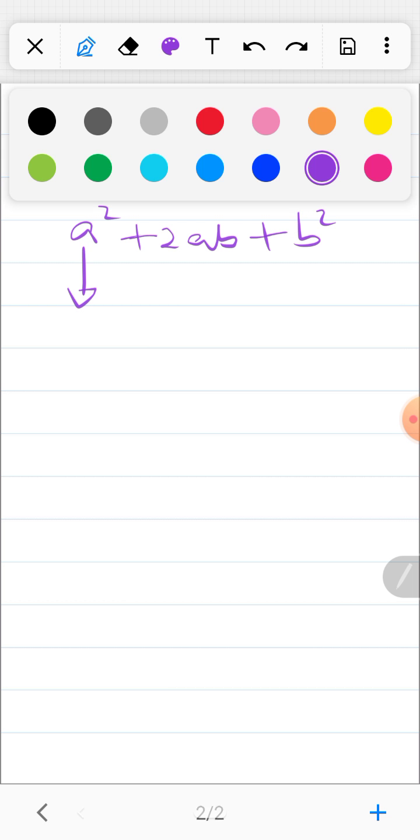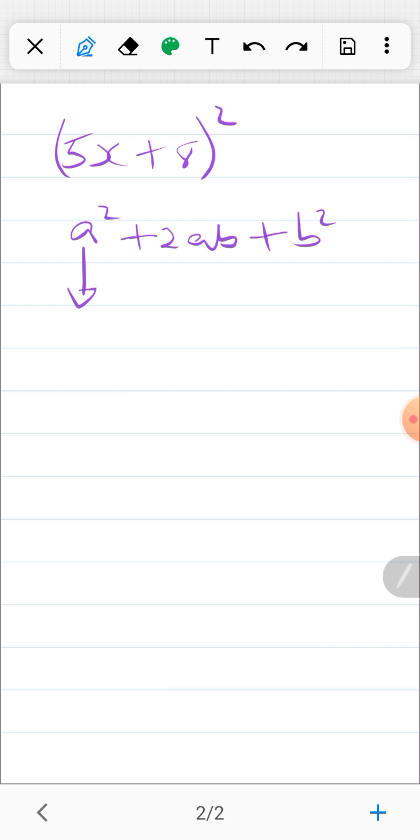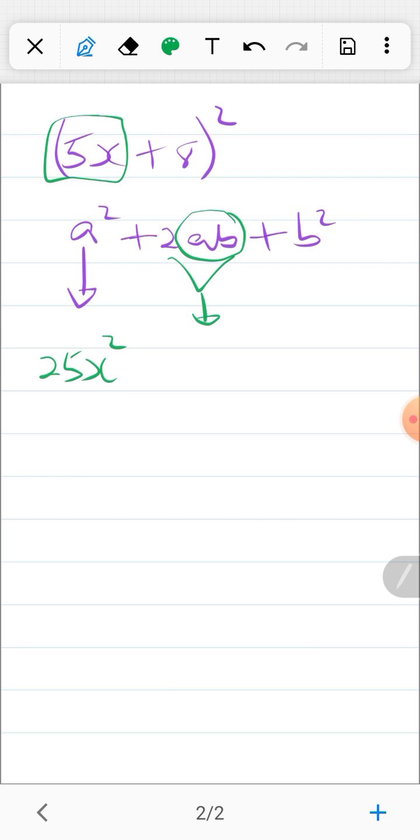The first term is 5x. If I square the first term, 5 squared is 25, x squared is x squared. Then both terms are multiplied, so I'm going to multiply 5x times 8. 5x times 8 is 40x.